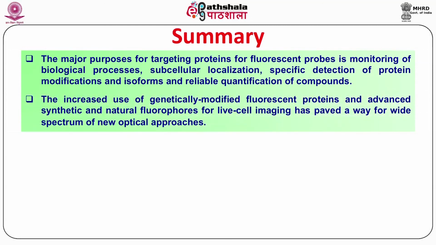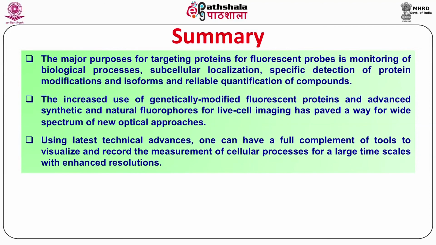The increased use of genetically modified fluorescent proteins and advanced synthetic and natural fluorescent dyes for live cell imaging has paved the way for a wide spectrum of new optical approaches. Using the latest technical advances, one can have a full complement of tools to visualize and record measurements of cellular processes over a large time scale with enhanced resolution.